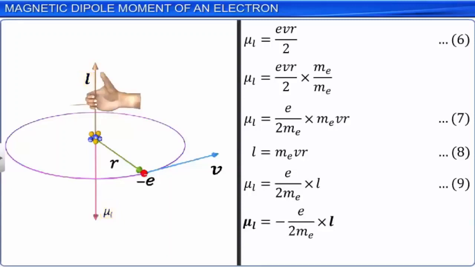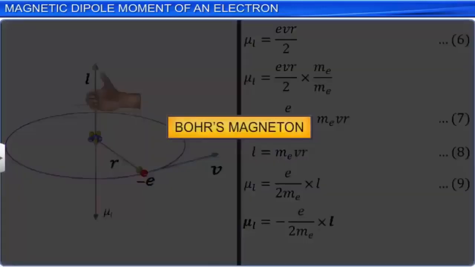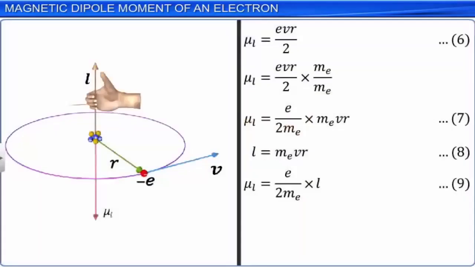Now, let us discuss Bohr's magneton. According to Bohr's atomic model, angular momentum of an electron revolving in an atomic orbit is quantized. That is, the angular momentum L is integral multiples of h by 2 pi.